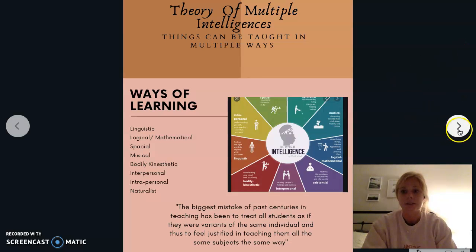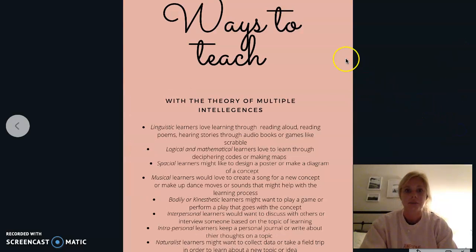My last slide of this article is actually different ways to teach. These are good examples for each specific type of learner that is in your classroom. I go through each of the different intelligences, 8 of them, and give examples of how to incorporate different ways of learning for each different learner.